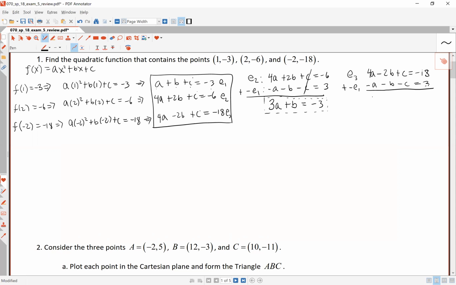Adding those together, 4a minus a is 3a, -2b minus b is -3b, c minus c is 0, and -18 plus 3 is -15. These two become our new system of equations, which is a 2x2: 3a plus b equals -3, and 3a minus 3b equals -15.